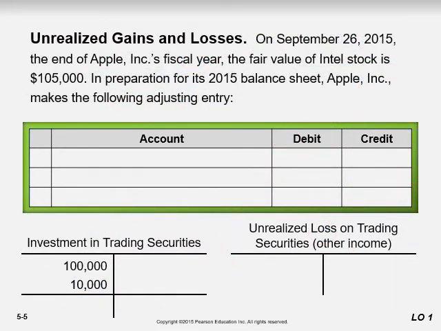Okay, now the next example, that is on September 26, 2015, meaning after 1 year, its fiscal year, the fair value of the Intel stock is 105,000, which means we are talking about the next year.